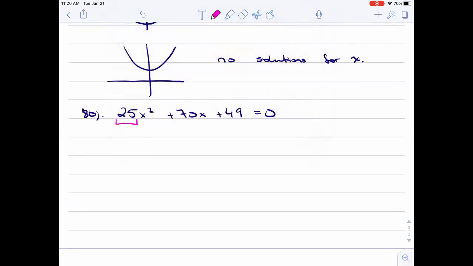Rewriting this as a times x squared plus b times x plus c, this is my a, this is my b, and this is my c. All these are positive, and so I can just use the values as a, b, and c.